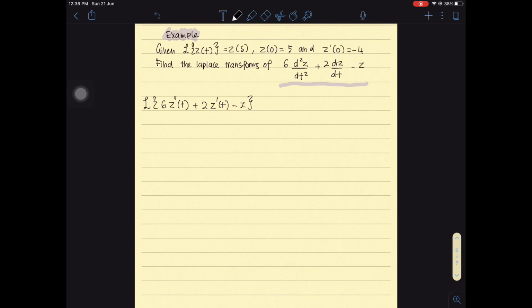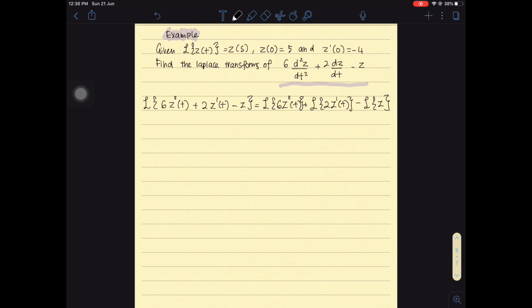And if you can remember, by using the properties of linearity, you can write this also as the Laplace transformation of 6z''(t) plus the Laplace transformation of 2z'(t) plus the Laplace transformation of z, and this one is minus. This is by using the property of linearity where we separate each term.